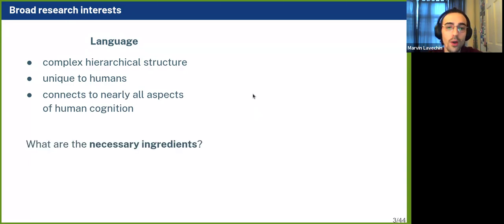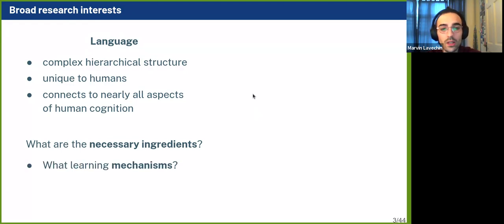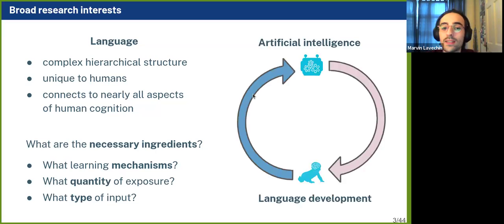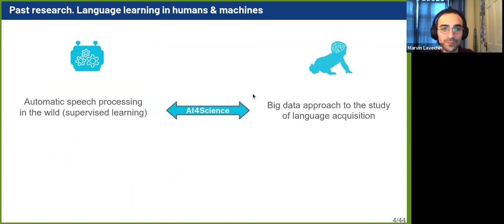From a broad perspective, the central question I started exploring is: what are the necessary ingredients required to learn language? In particular, I looked at the learning mechanisms, the quantity of exposure, and the type of input required to learn language. And I addressed these questions using an interdisciplinary approach, combining artificial intelligence with language development in infants.